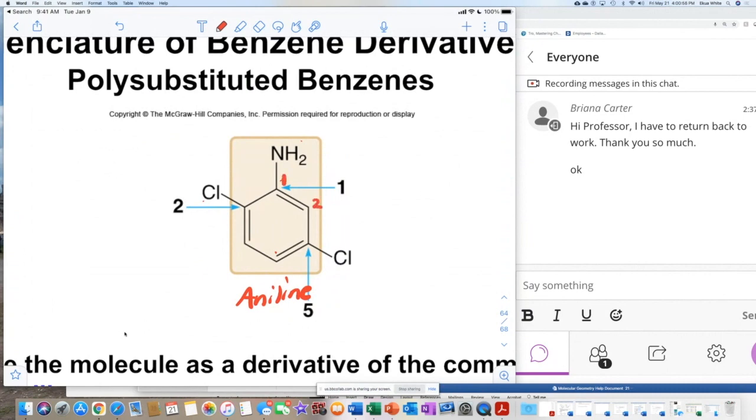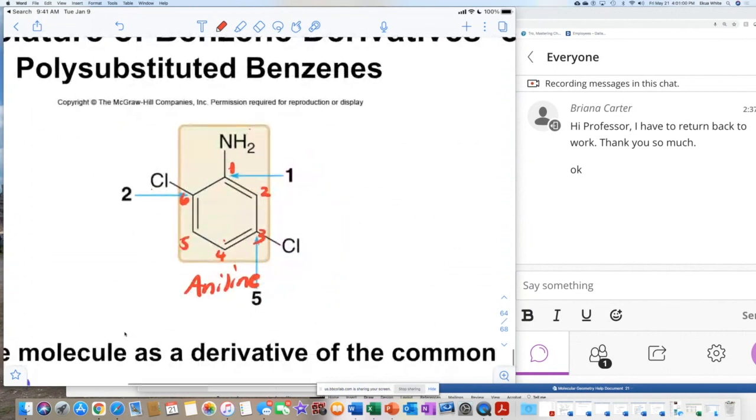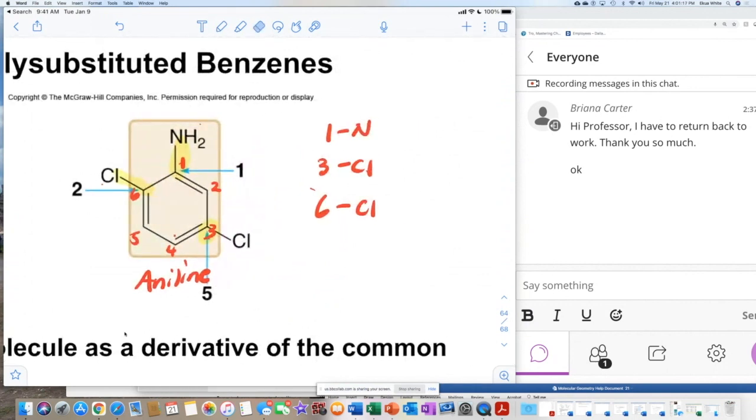What if I go here? 2, 3, 4, 5, 6. I end up with 1 for nitrogen, 3 for chlorine, and then 6 for the other chlorine. Okay, let me compare with the one they picked because I think there's only 2 combinations here.